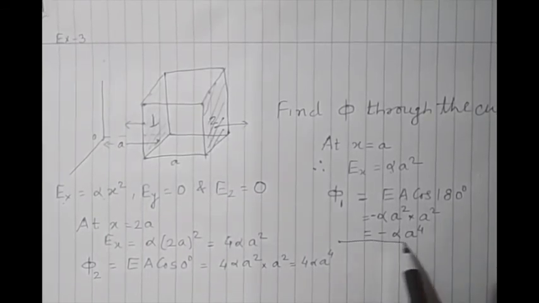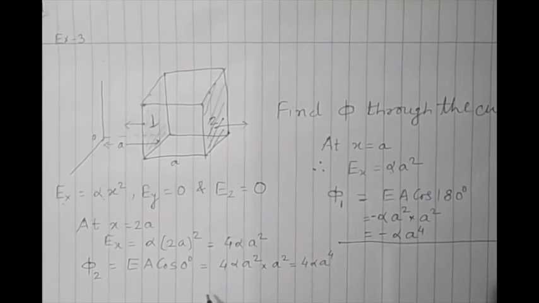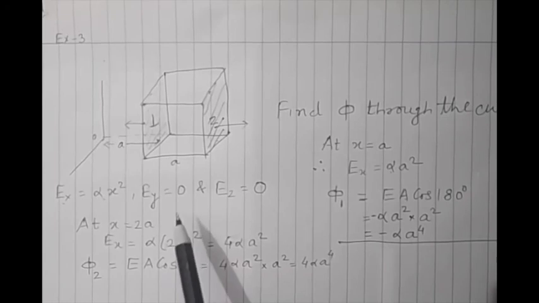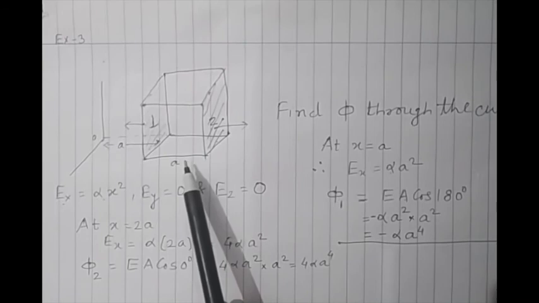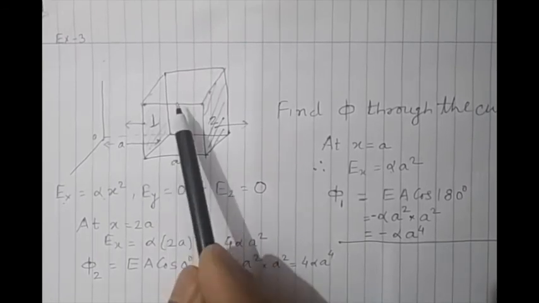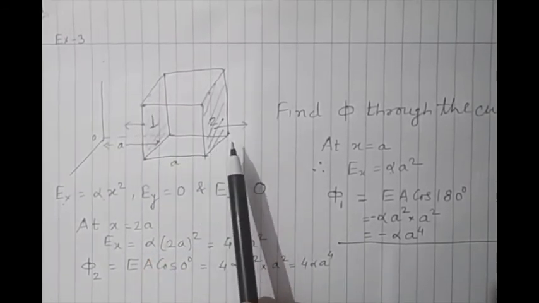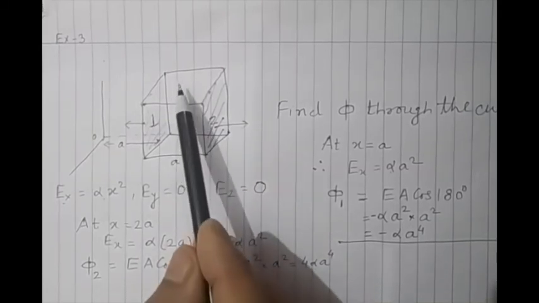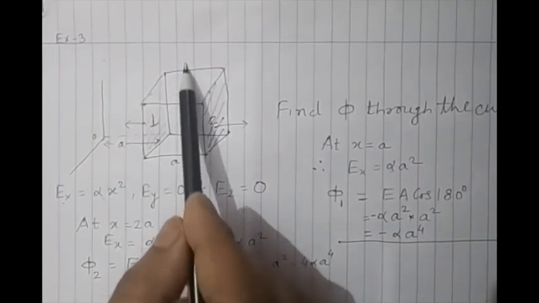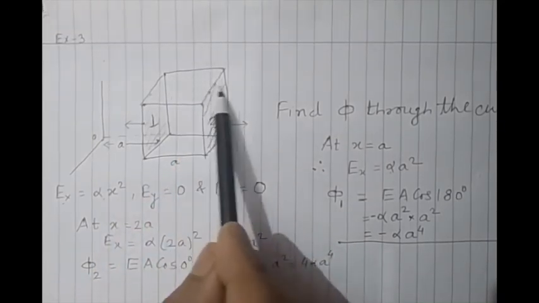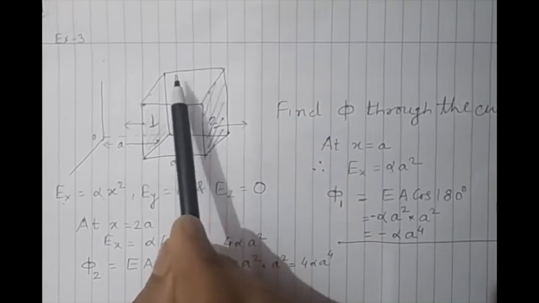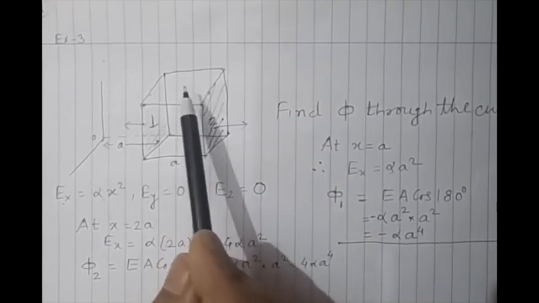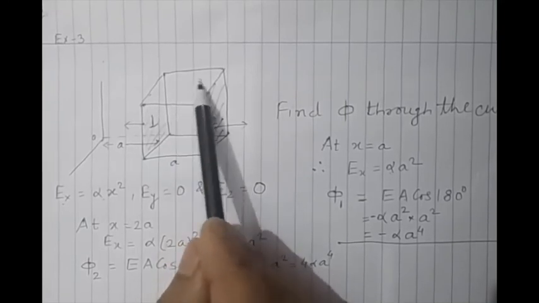The total electric flux is phi 1 plus phi 2, because the electric flux through all the other surfaces of the cube is equal to 0, because the area vector is perpendicular to the direction of electric field. The area vector of this surface is along this direction, electric field is in the x direction, so the angle between area vector and electric field is 90 degrees, and therefore flux through this surface is 0.